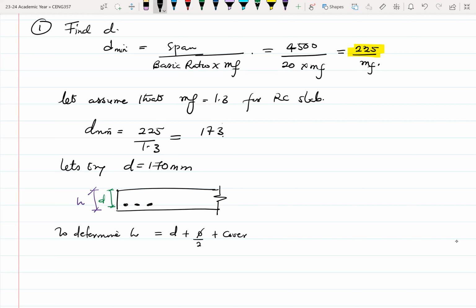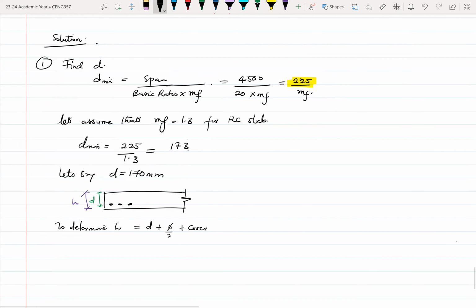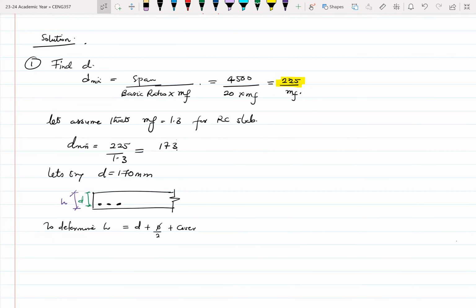Okay. So again, for now, you're making assumptions. Again, in design, you make quite a number of assumptions, but the assumptions are guided and guarded by the code of practice, which is the BS 8110. So every assumption you make should be justified.